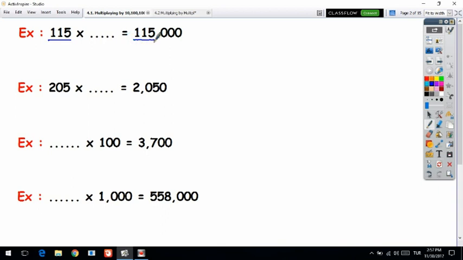Yes, 115. Now we close them. When you find it, you close it. What number is left? 3 zeros. So the factor must be 1 with 3 zeros: 1, 2, 3, and 1.